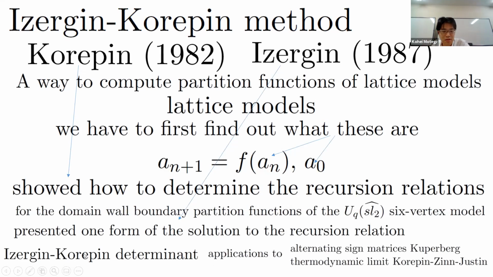I think many people know there are many applications, for example, to the enumeration of alternating sign matrices, and there are also analyses of the thermodynamic limit.